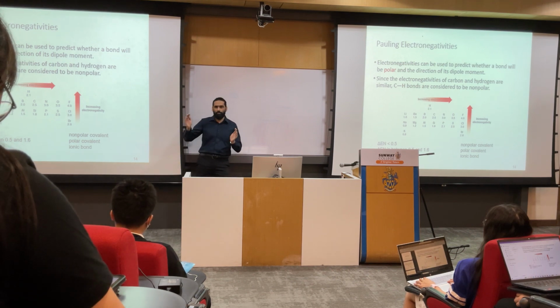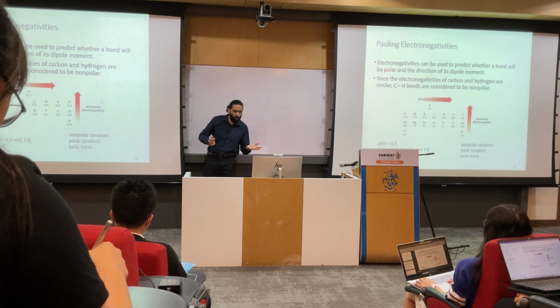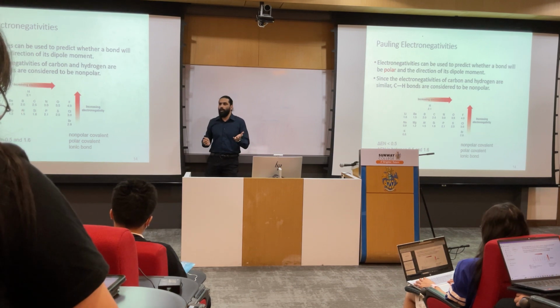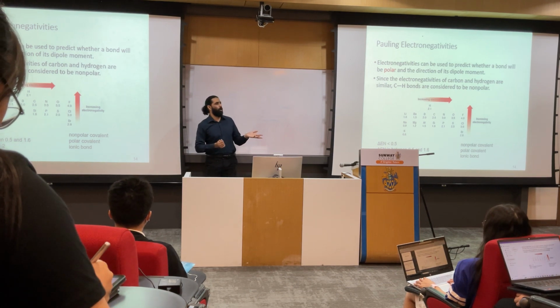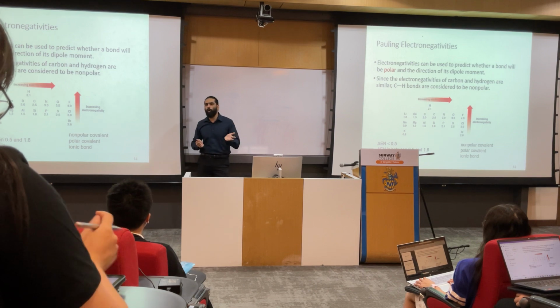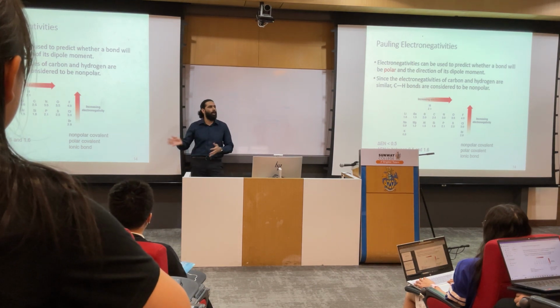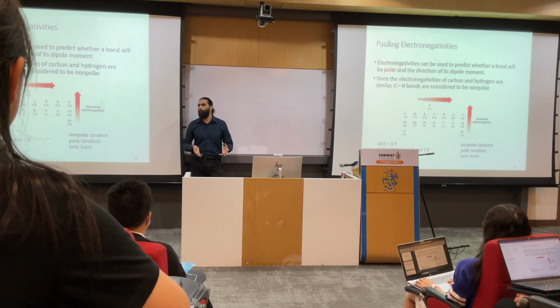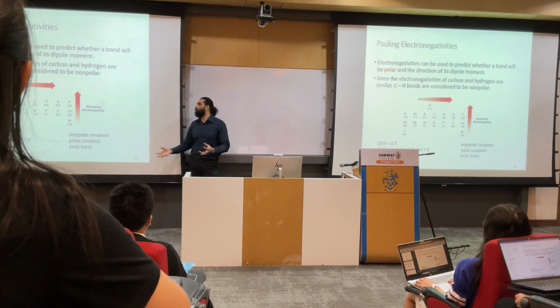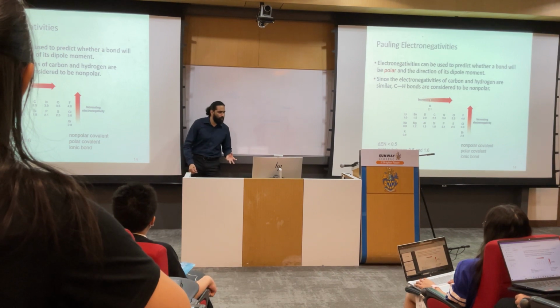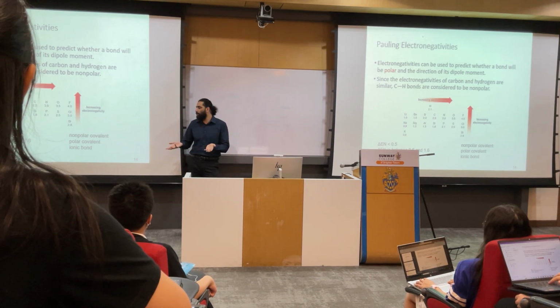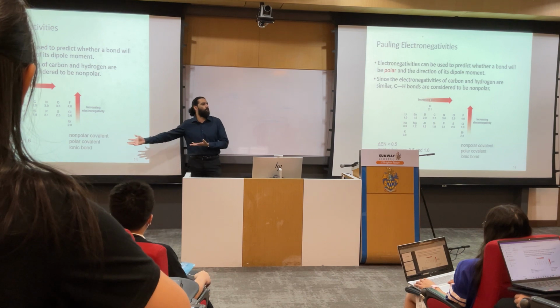But when it's less, like 0.5 or something like that, then that bond will be covalent. Covalent bonds could also be differentiated into polar covalent and non-polar covalent, again depending on the difference of electronegativity. If the difference is very little, it will be a non-polar covalent bond.